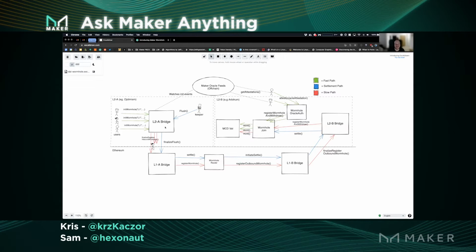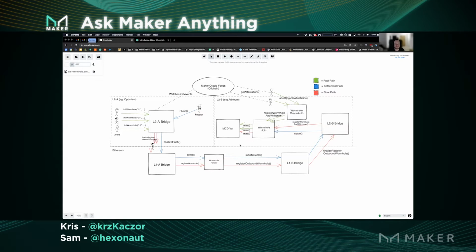For example, for optimistic rollups, it will take 7 days to move this DAI from one bridge to another, and then later pay back the debt. So this special vault is giving a loan for 7 days, for using this attestation provided by Maker Oracles.